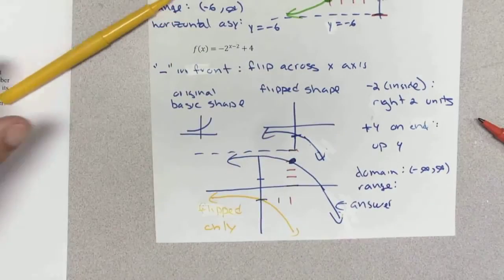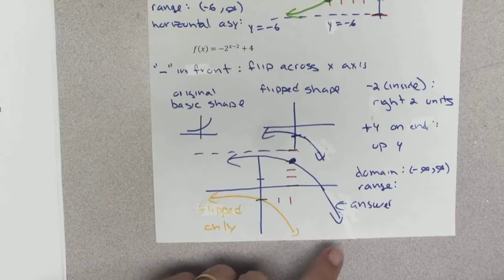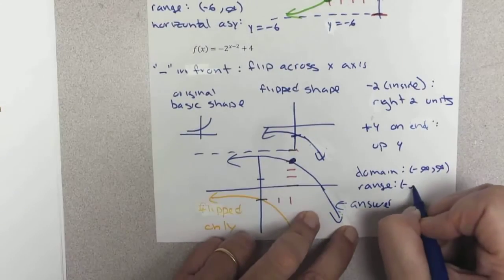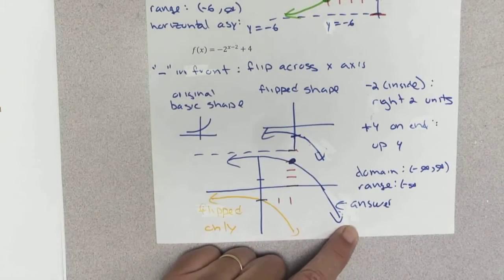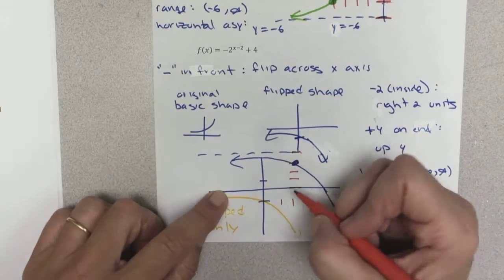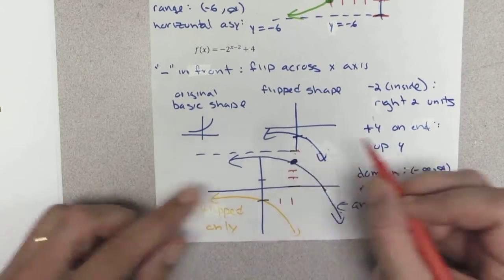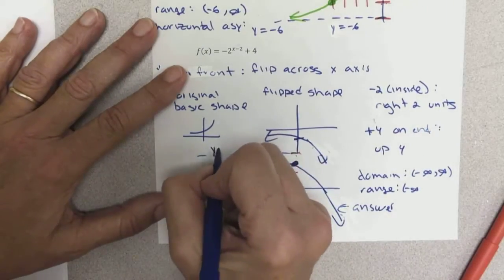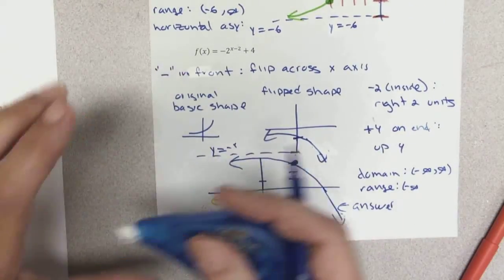My range, low to high. Well, low, it's going down forever now. High, we move that x-axis up 4 units, 1, 2, 3, 4. So my asymptote was at y = 4.